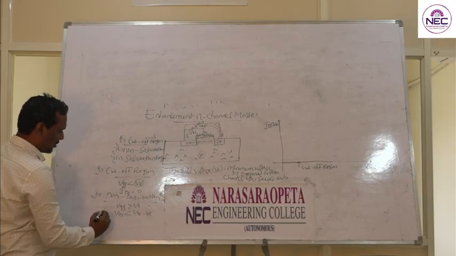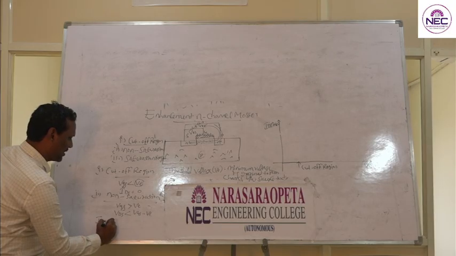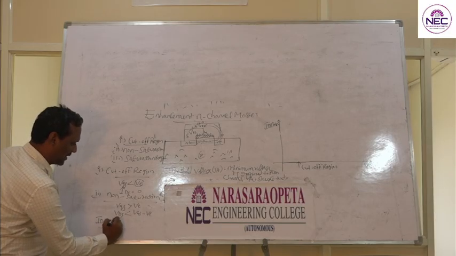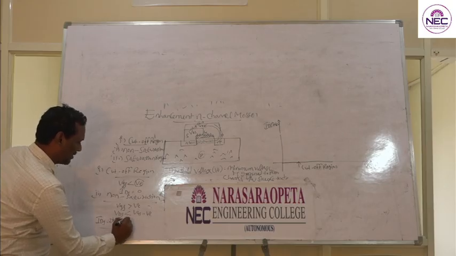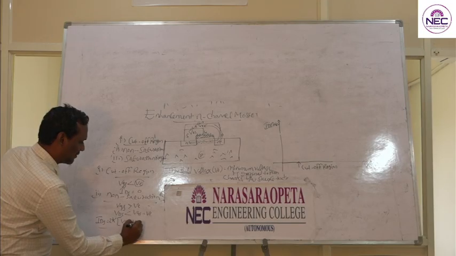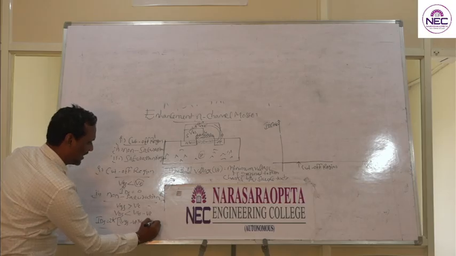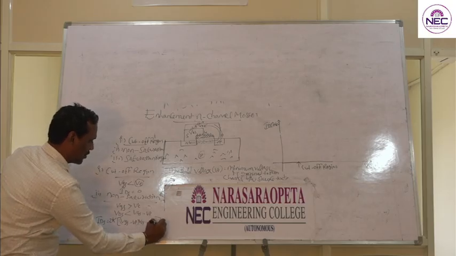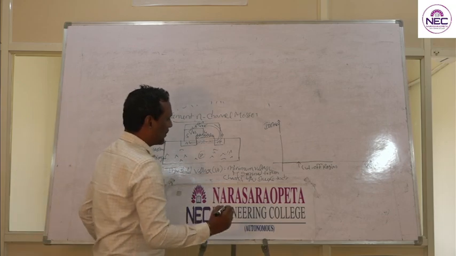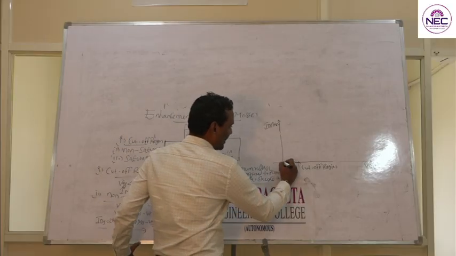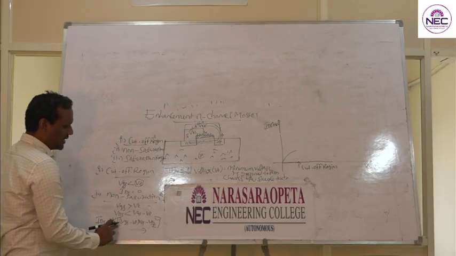The amount of current, the IDS value, we can write like this: 2K into (VGS minus VT) VDS minus VDS square by 2. So in this region, a linear amount of current will flow.